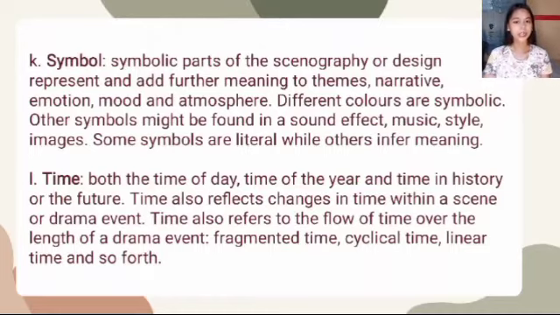The props are the easiest to work with because objects in everyday life are symbols in society. So, other examples of symbols are the rose, which symbolizes love, and the cross, which symbolizes Christianity. Symbols can also be found in the use of color.